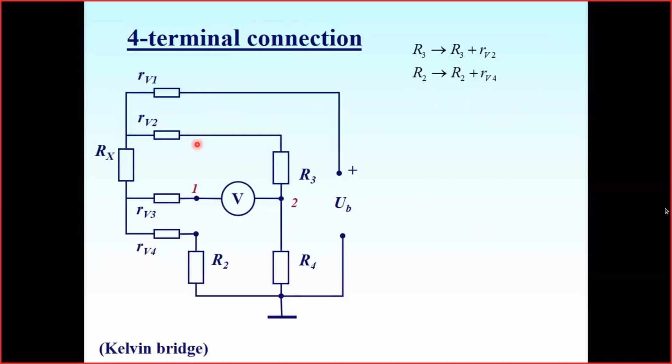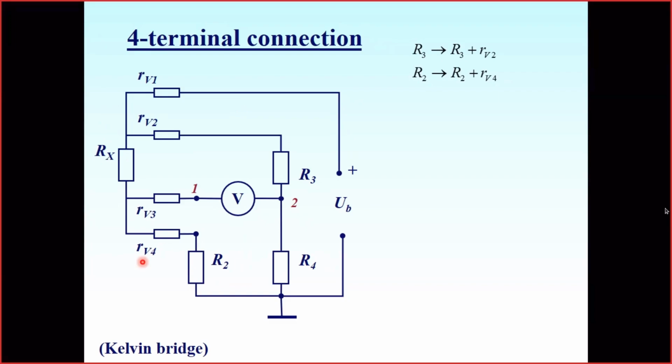But here, a good part of the elements of the bridge is out of the box and is in the cable which comes to our resistor Rx. By the way, this type of four-terminal connection is called the Kelvin bridge. It was invented by Kelvin.